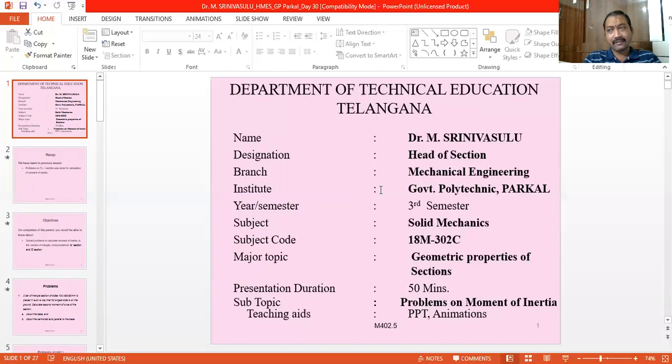Then, by using the formulas of the standard figures, we can also find out the moment of inertia of the standard figures about the x axis and y axis. Then we have to find out hx1, hx2, hx3 and also hy1, hy2, hy3 and so on.